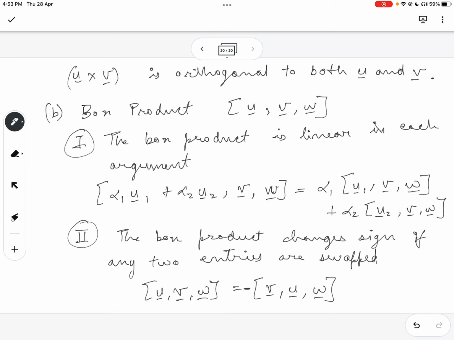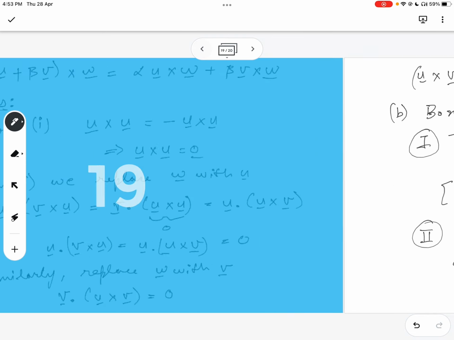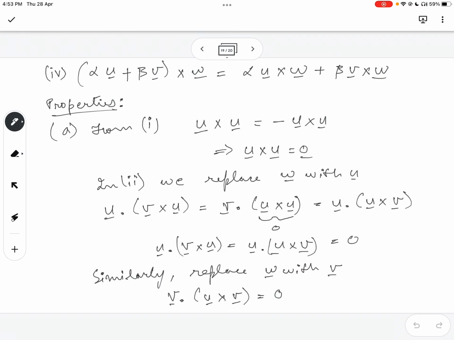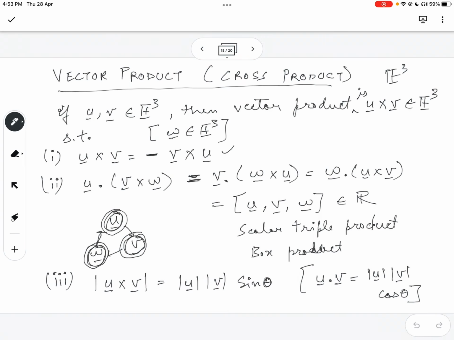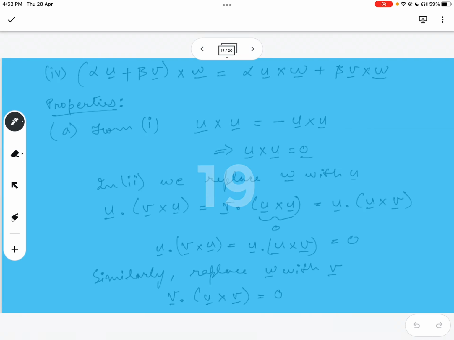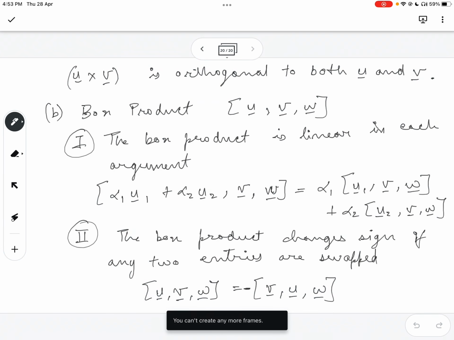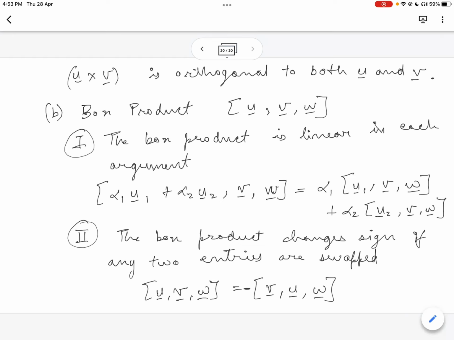These properties can be easily proved with the four rules that we saw earlier, these one, two, three, four. Okay, this sheet has finished, so I'll continue on a new sheet.